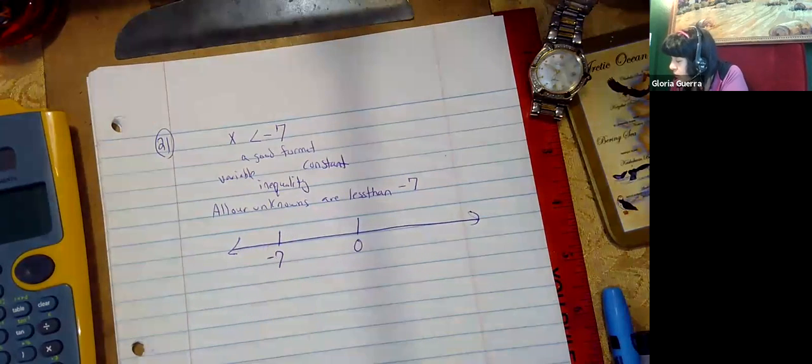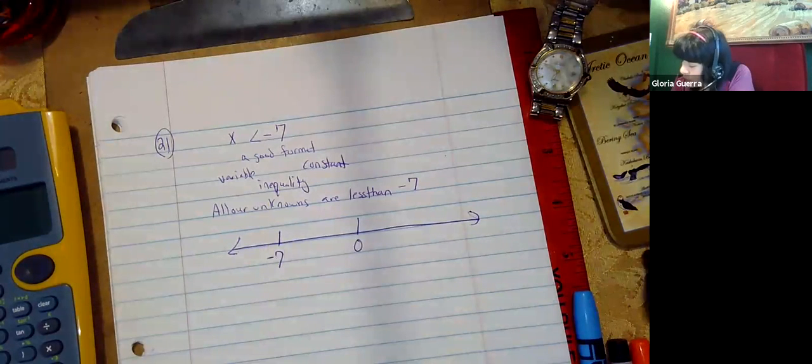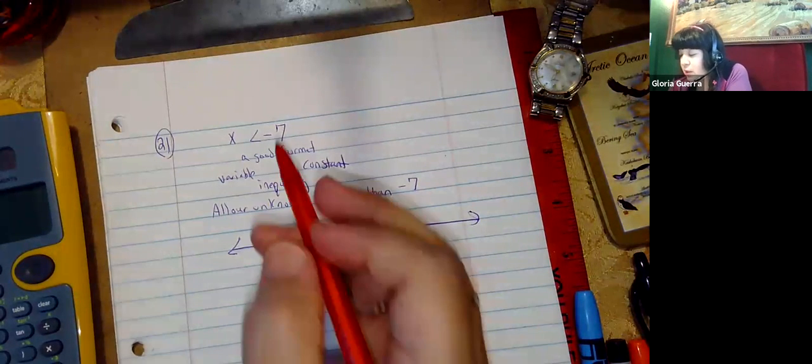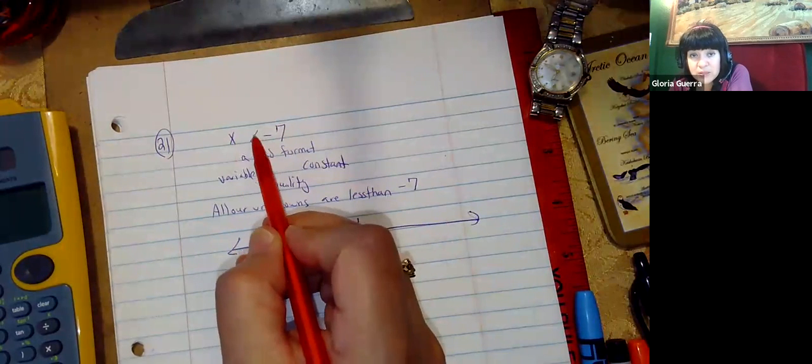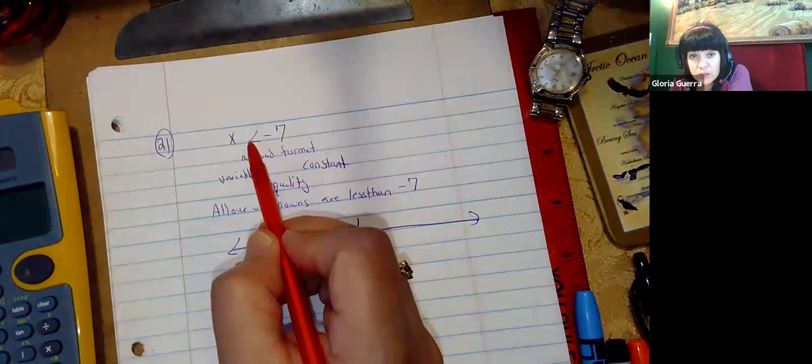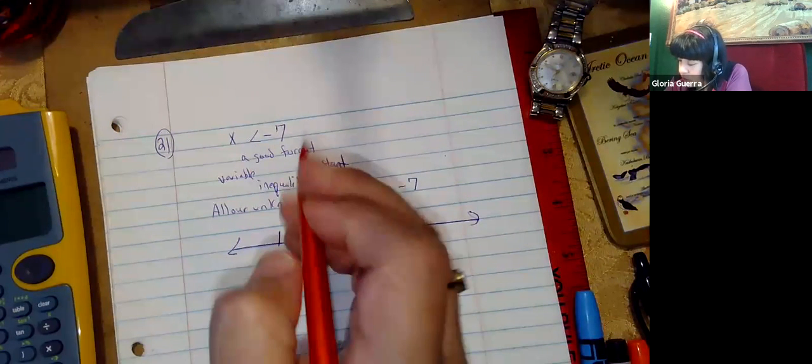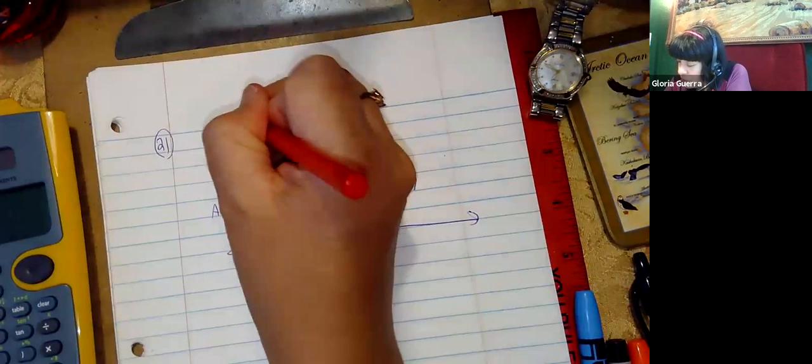When we're shading this, remember I said that's why teachers like to have the variable first, because this pointed side tells you how it's shading. See, it's pointing to the left.